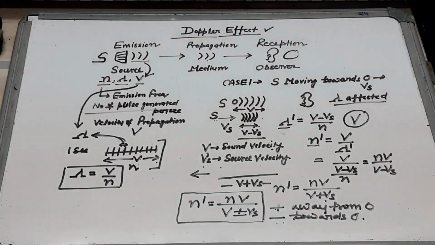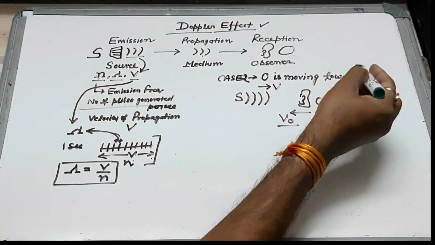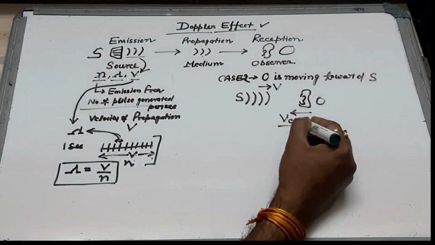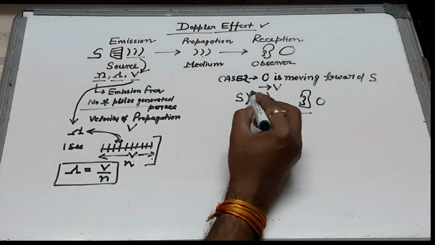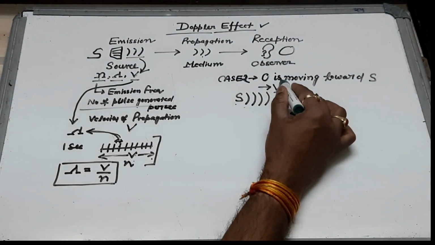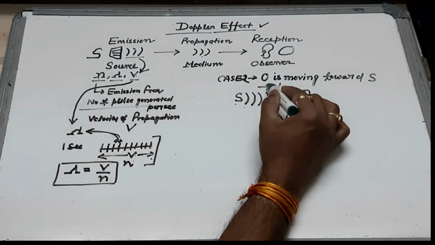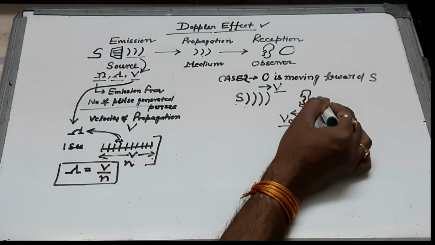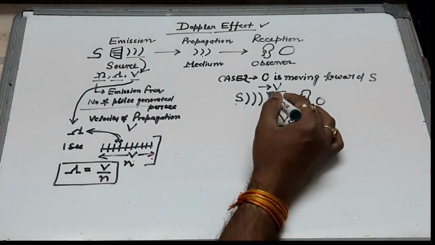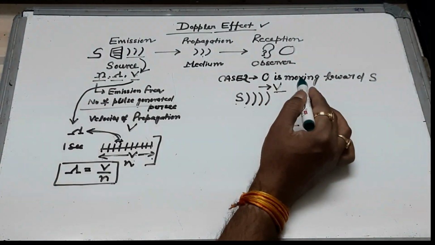Now discuss the second case. Now come to case 2. Here observer is moving towards source with a velocity of VO. Now you see, once the wave is emitted from the source, velocity of the wave in the medium is v. So it will reach the observer's ear with velocity v. But once the observer is moving towards the source, he will catch the sound wave earlier than what we expect with the velocity v.